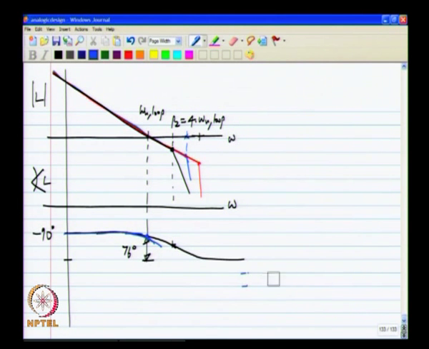So, let me draw it a little more accurately. At 4 times omega u loop, it should touch minus 180, and then it goes that way.